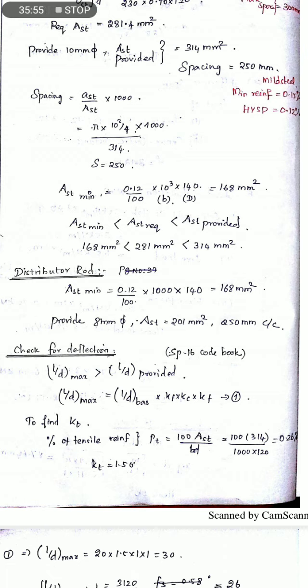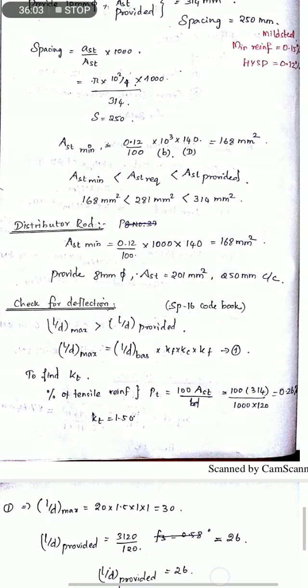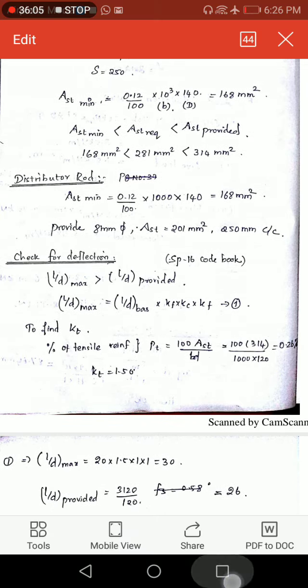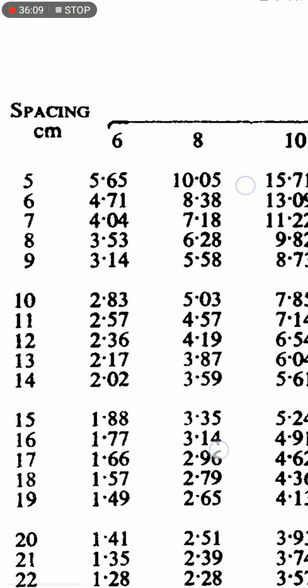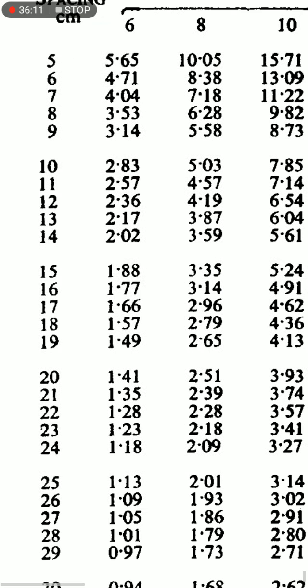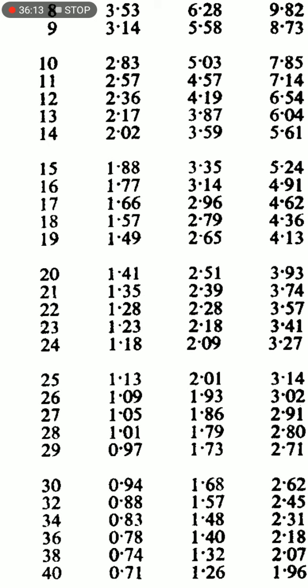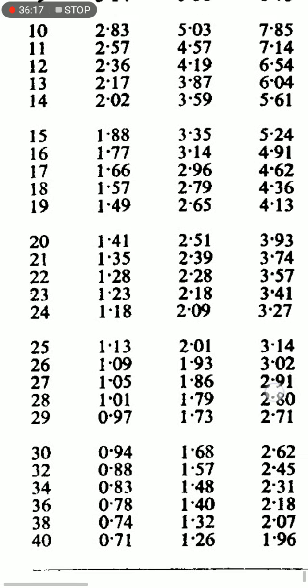So we provide according to AST minimum. I already said earlier, we use 8 mm dia as distributor rod. Go for 8 mm dia, so 168 mm square. We provide a little bit greater than 168 mm square, so we have chosen 201 mm square, that is 2.01 centimeter square.